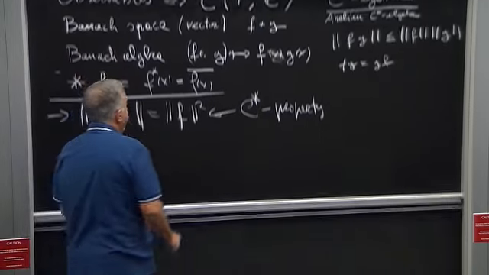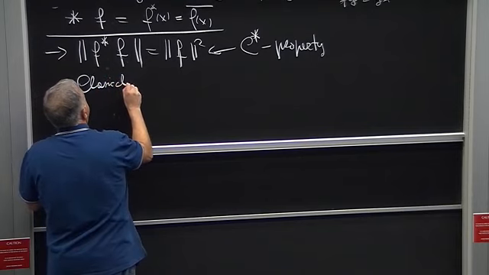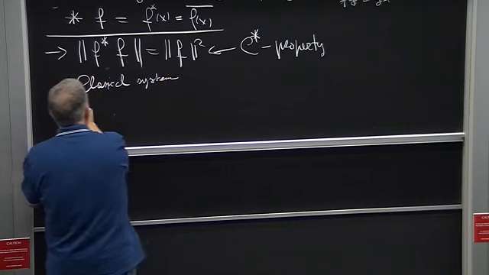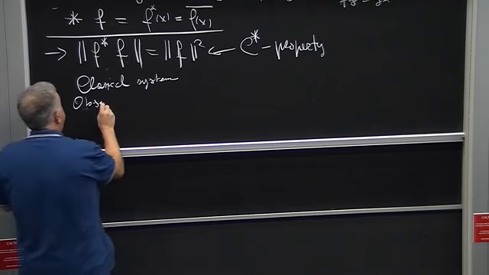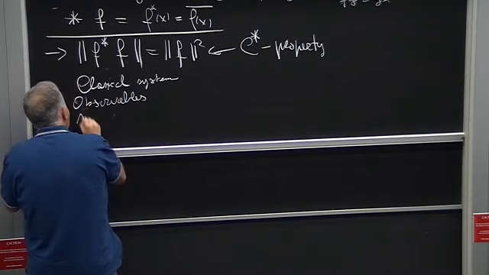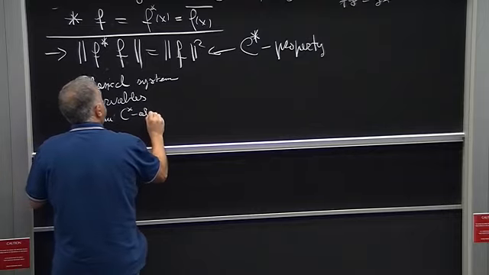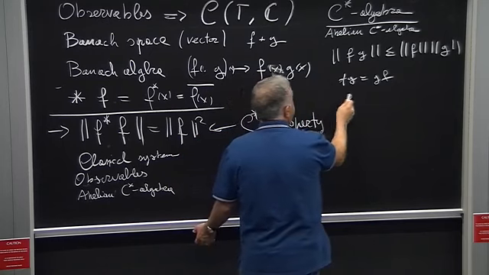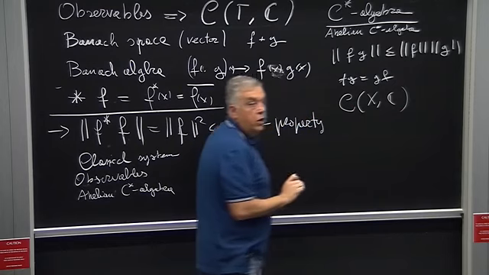So for a classical system, the observables, I mean the things you really measure in the laboratory, are an abelian C star algebra. The model for an abelian C star algebra is the continuous functions on a compact manifold with complex values.